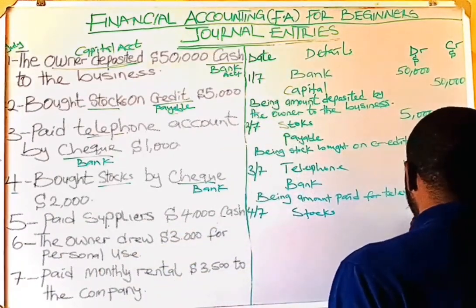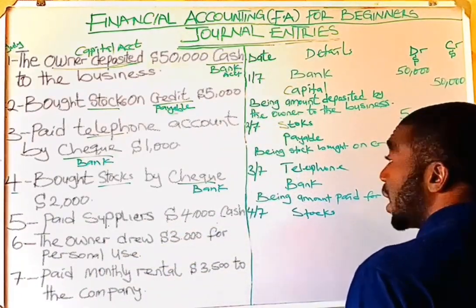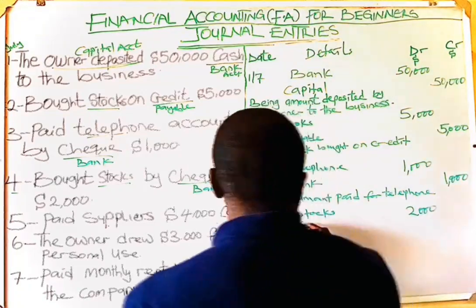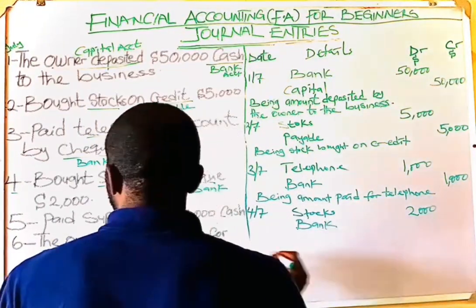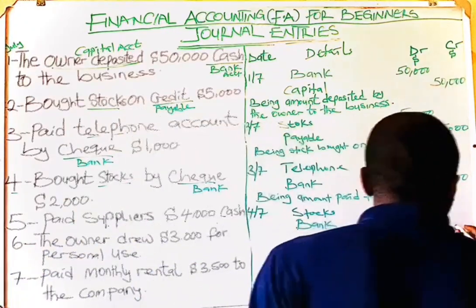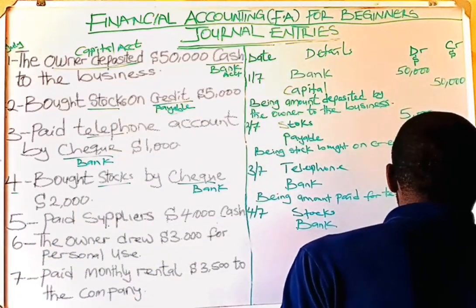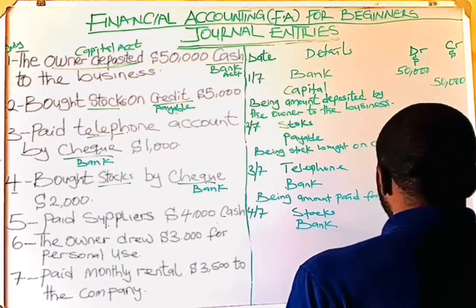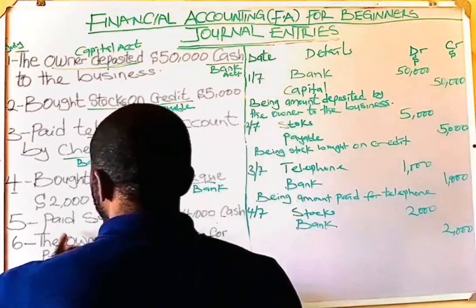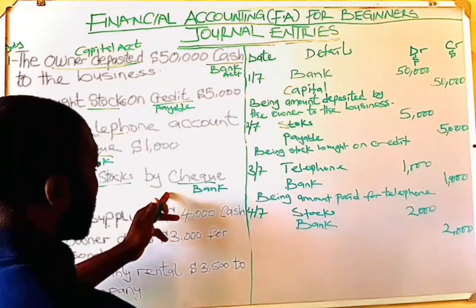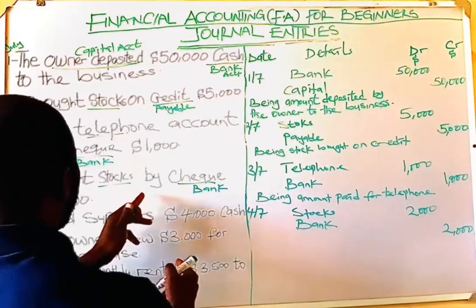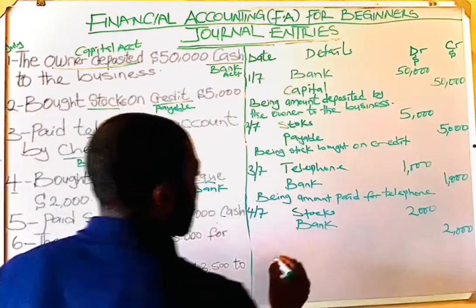And bank, 2,000 credit. That is for bank. Then the narration, you look at it. Bought stock by check.